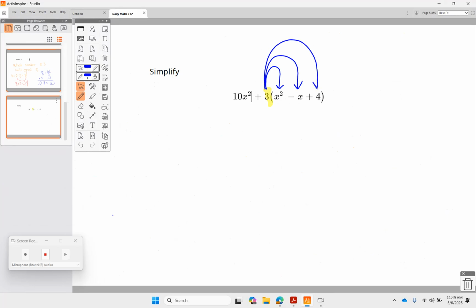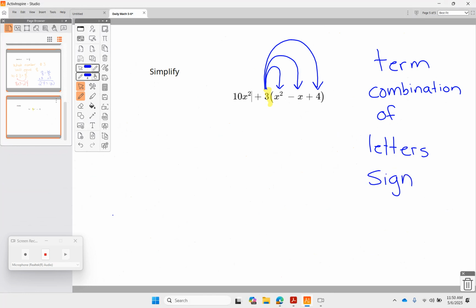And remember, a term is, and I'm writing this out so you remember it, a combination of letters, signs, and numbers.